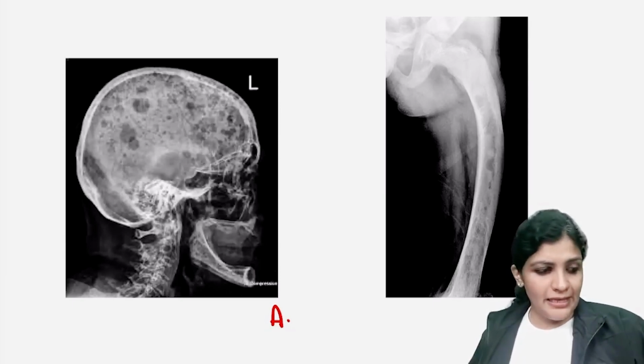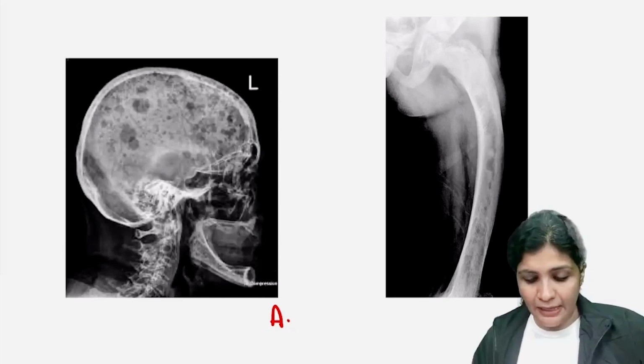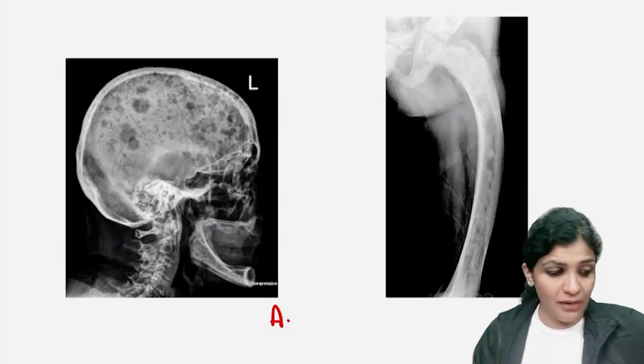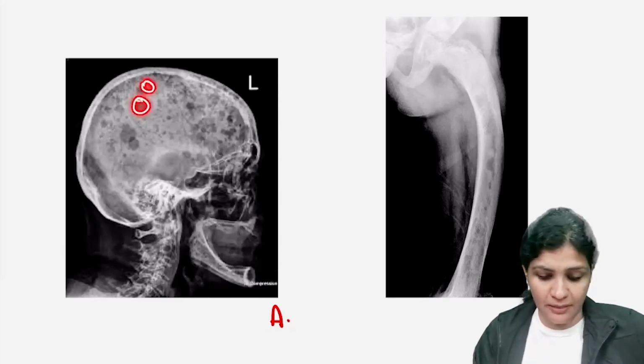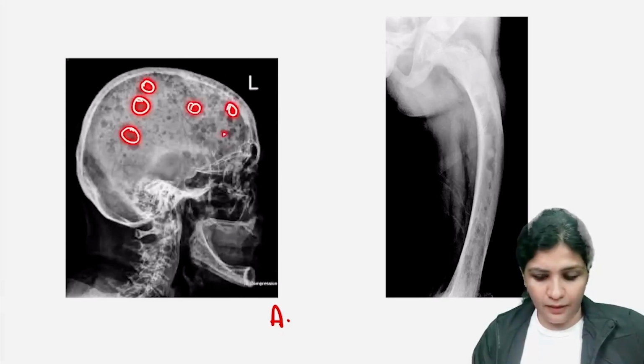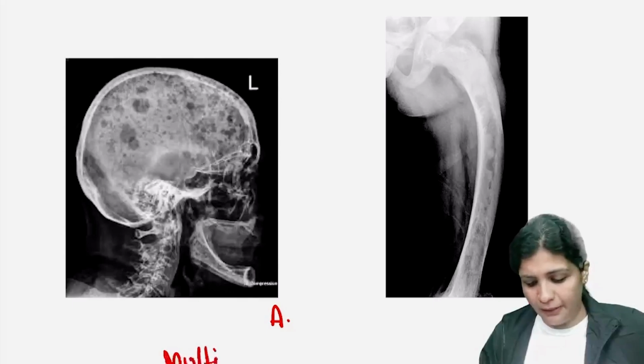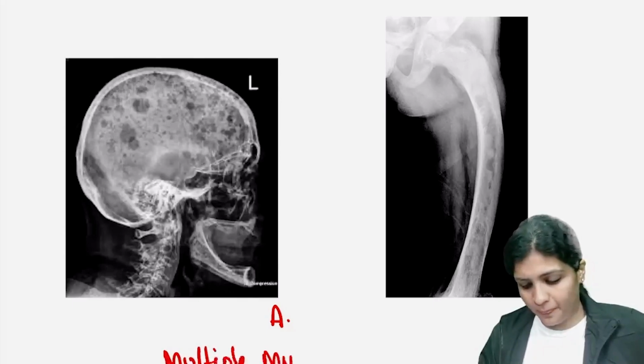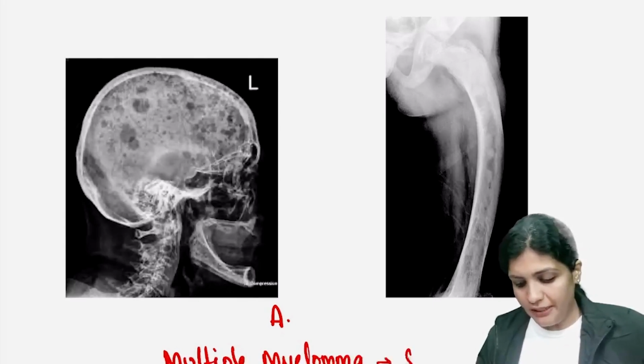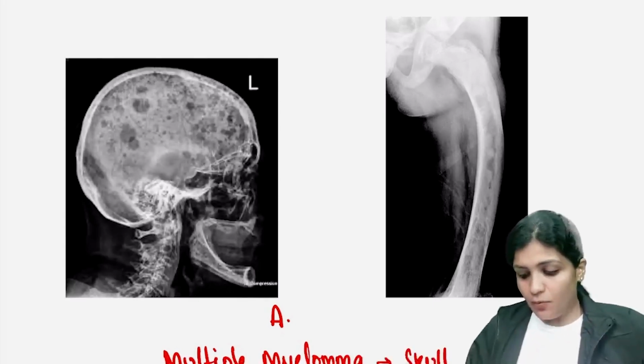A is, yes, I think Kundan Singh, you can see, this is the punched out lesion. So you can see these are various punched out lesions, right? These punched out lesions are usually seen in multiple myeloma, especially in the skull.